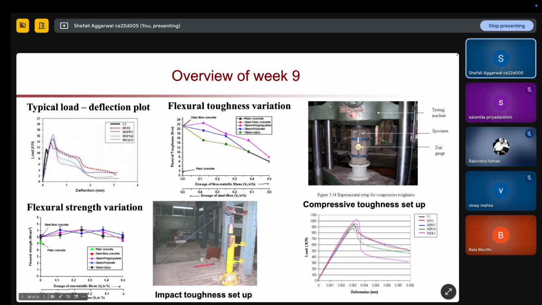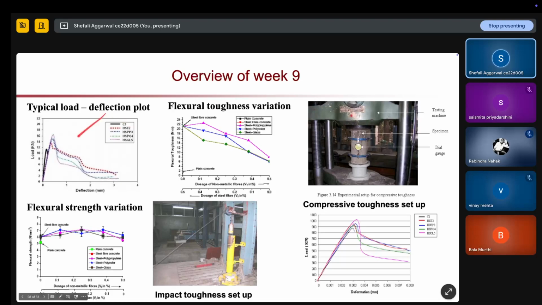Which one is HST1? Let me double check. HST1 is your hooked steel.